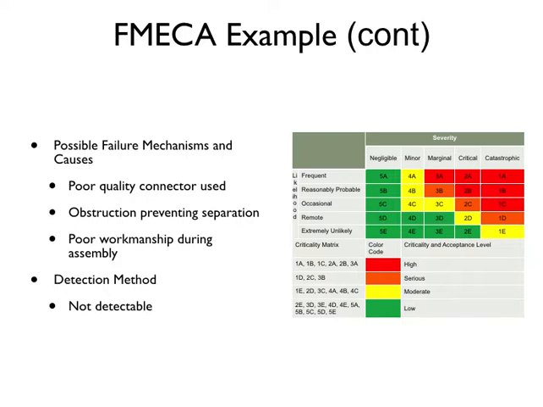The assembly process can also result in bent pins. If you're familiar with that, it's the idea that when you connect the male and female side of a connector, if it's not done right, it can often bend a pin. And signals which are critical can be sent to other pins which should not have those signals.